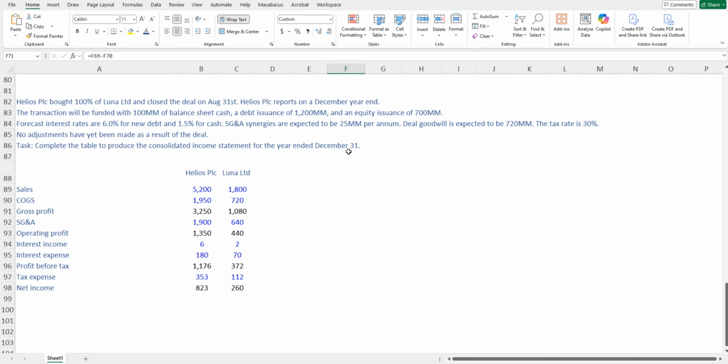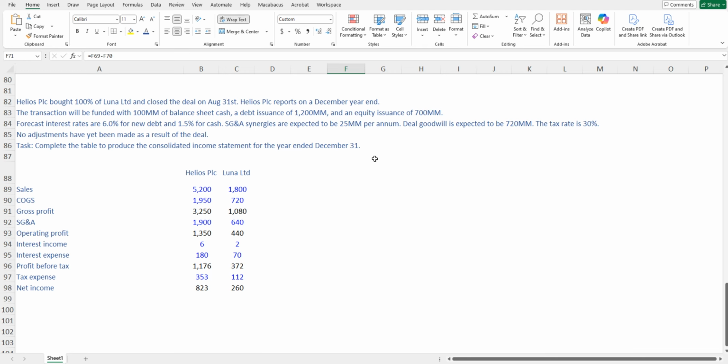So here's the next question. We know that Helios bought 100% of Luna Limited, and the deal will be closed at August 31st. Helios reports on the December year end, and the transactions are basically the same, right?